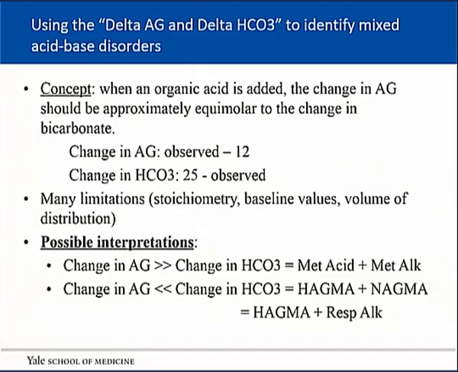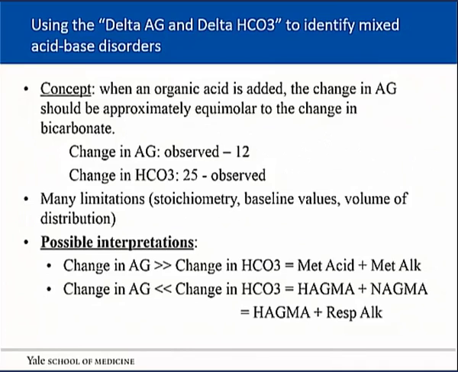And here's the concept. When you add an organic acid, there's a change in anion gap, so the anion gap will increase, and there'll be an approximately equimolar fall in bicarbonate, okay? So understanding how much the anion gap is increasing compared to baseline and how much the bicarbonate is decreasing helps you sort out if there's an underlying disorder before the organic acid was added.